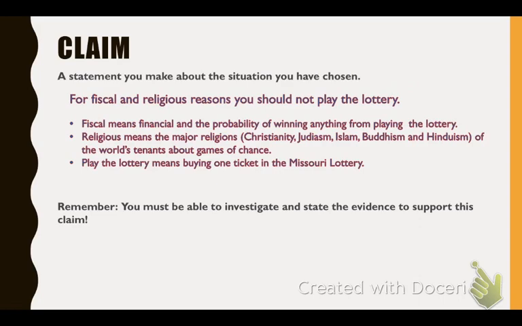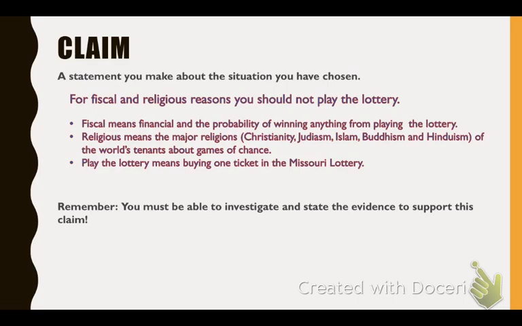So let's say that we make this statement: for fiscal and religious reasons, you should not play the lottery. Fiscal means financial and the probability of winning anything from playing the lottery. Religious means the major religions of the world's tenets about games of choice, and then you've defined what those religions are. And play the lottery means buying one ticket in the Missouri lottery.